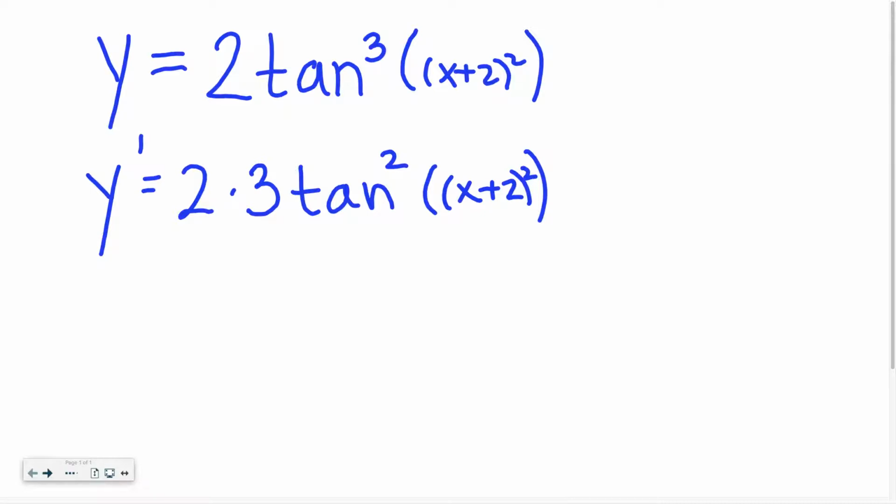What is inside our power? Another power. What is inside of our power? Tangent is inside of our power. So when we take the derivative of the inside, we now need to take the derivative of tangent.